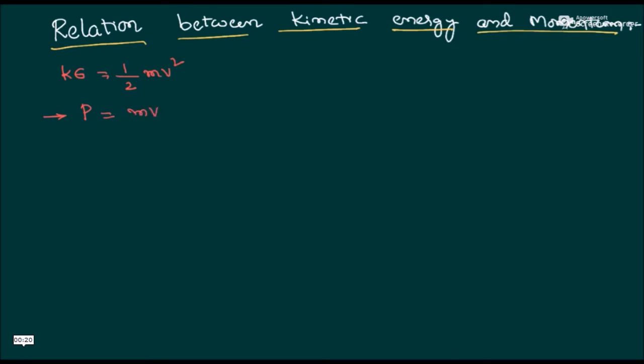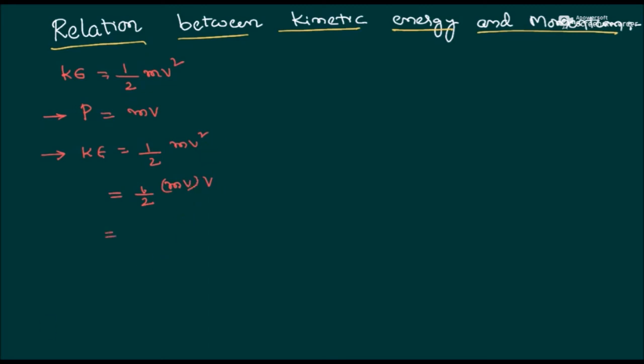Now, rewriting the formula for kinetic energy again, half mv square. Remember students, this p should be in small letters. Now we can rewrite the formula of kinetic energy in this way also. It will result in mv square only, isn't it?